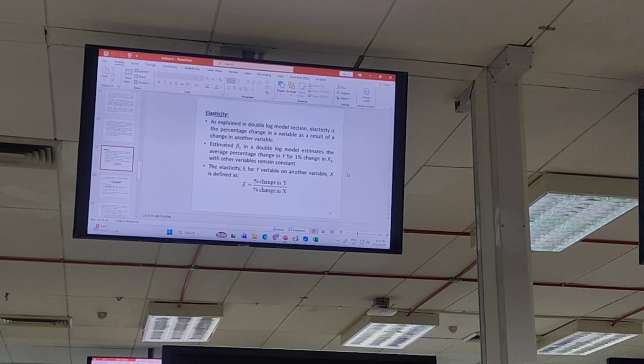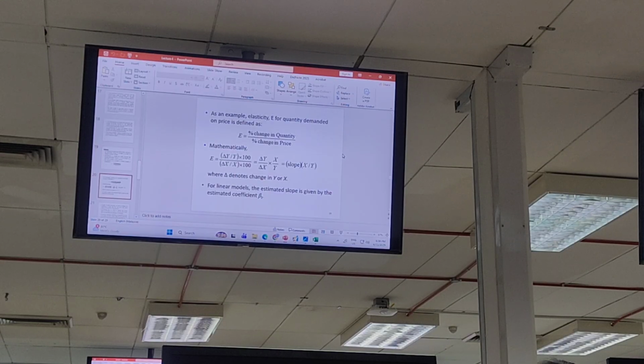The estimated beta 1 in the double log model estimates the average percentage change in Y for a 1% change in X1, with the other variables remaining constant. So the elasticity E of the Y variable on the variable X is defined by this. Elasticity represents the percentage change in Y per 1% change in X.